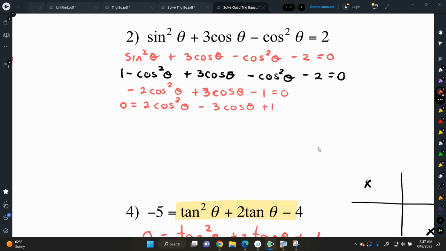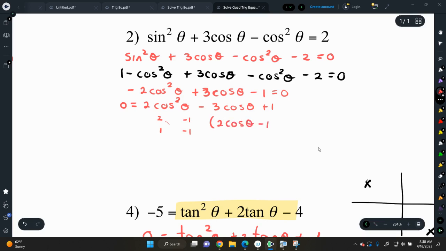Okay. All right. So now we have to factor. Say 2, 1. They're going to have to both be negative. So we get negative 2, negative 1. So that's going to work. So we have 2 cosine theta minus 1 times cosine theta minus 1 equals 0. 2 cosine theta minus 1 equals 0, and cosine theta minus 1 equals 0.